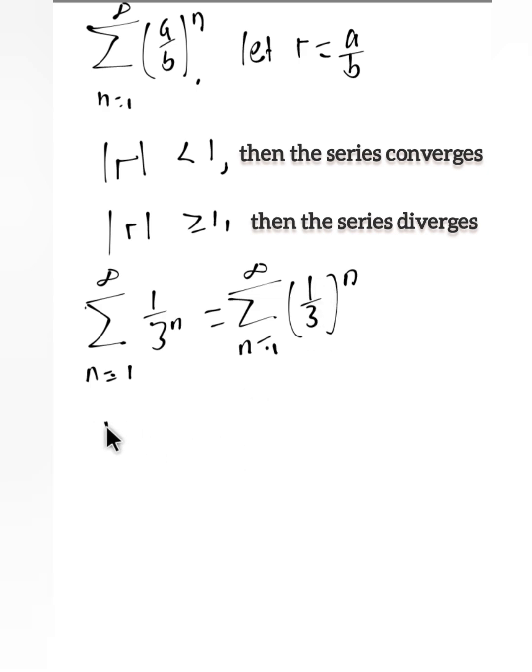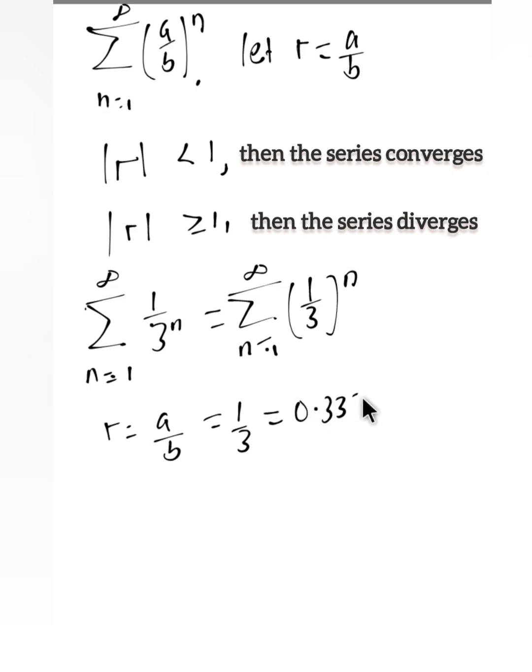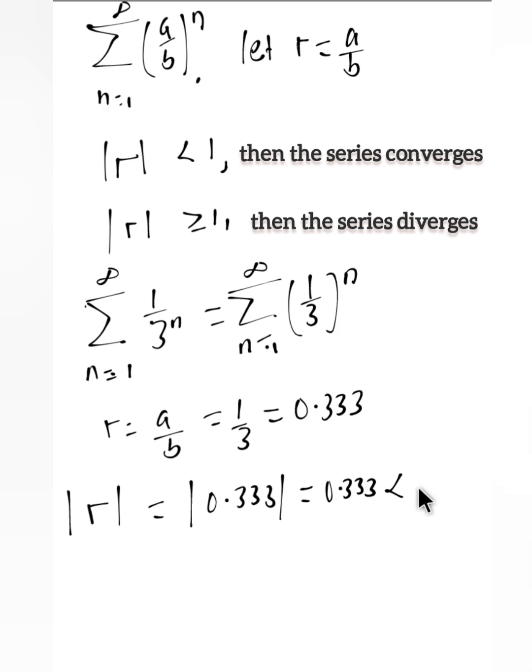Since r is equal to a over b, r is equal to 1 over 3, which is 0.333. The absolute value of r is the absolute value of 0.333, which is 0.333, and it is less than 1.